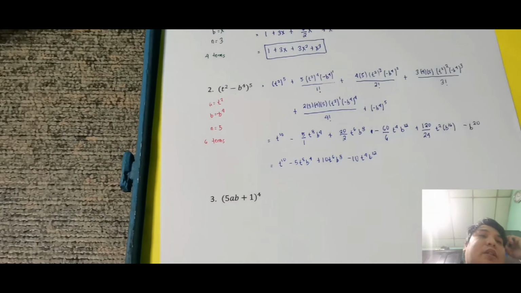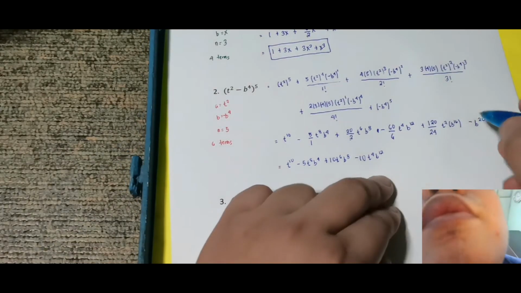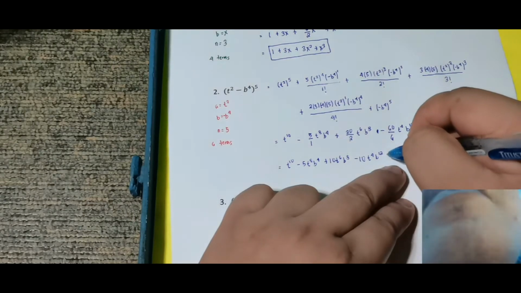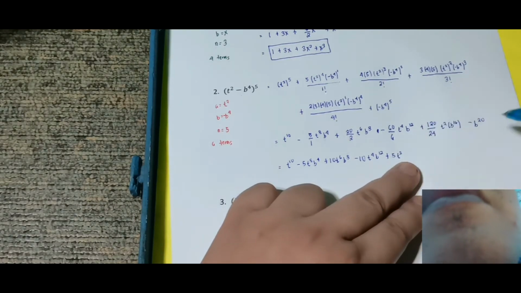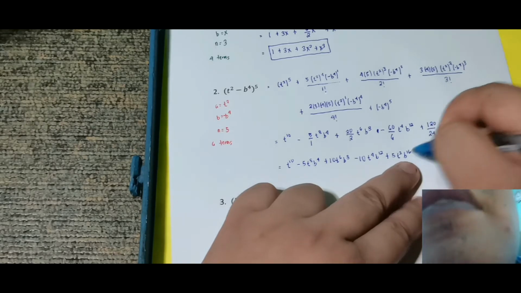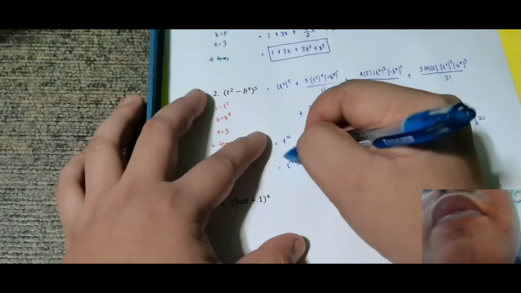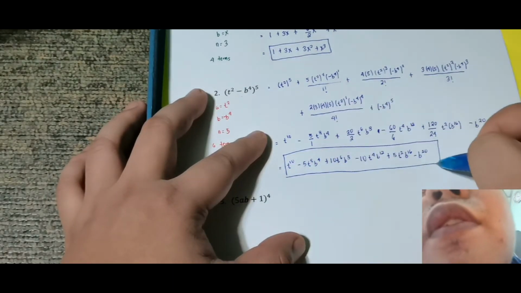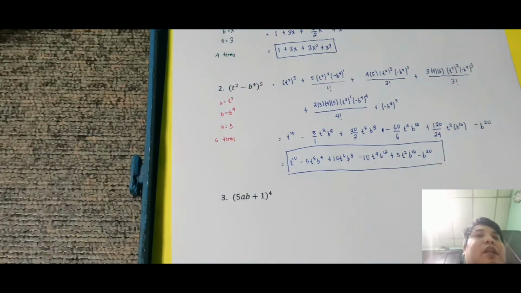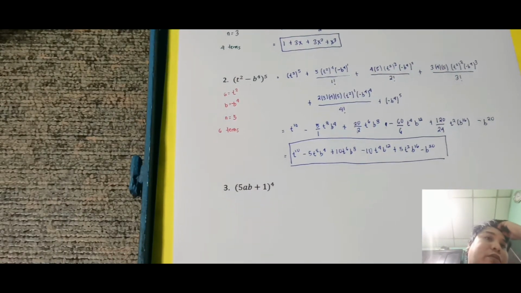And lastly, 120 divided by 24, I think that is 5, so plus 5 t raised to 2 b raised to 16. And lastly, minus b raised to 20. So therefore, this is the answer. Remember that it is quite long, especially when raised to 10, the solution will really get long.